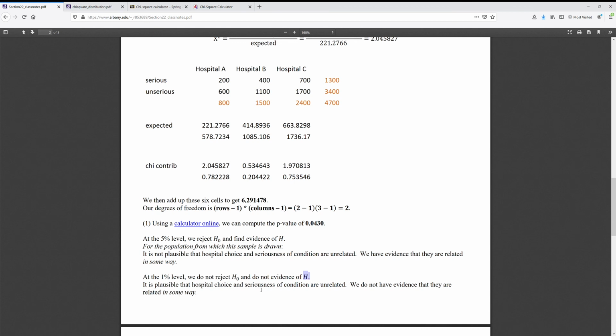It is still plausible that we do not reject H0, which is the independence. It's still plausible that hospital choice and seriousness of condition have nothing to do with one another. We find no evidence of HA. We do not have evidence that hospital choice and seriousness of condition are related in any way.